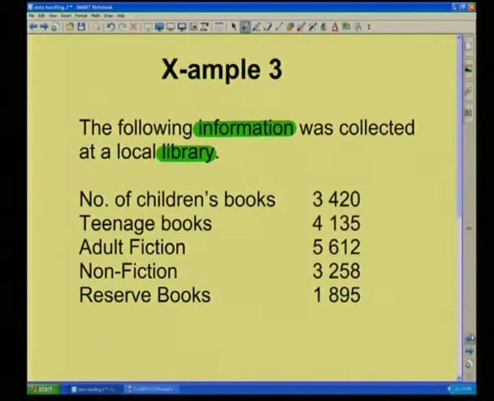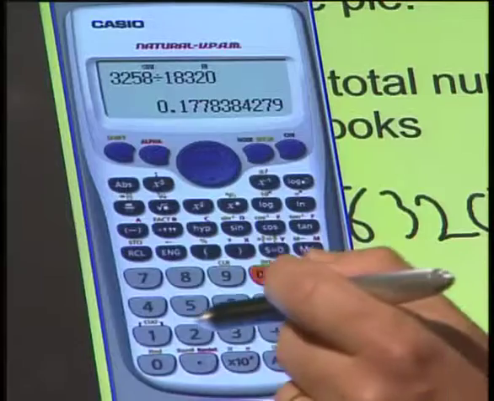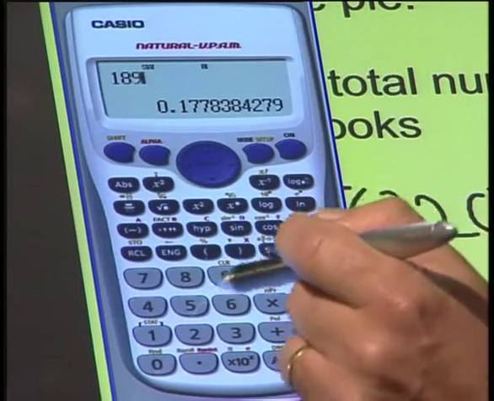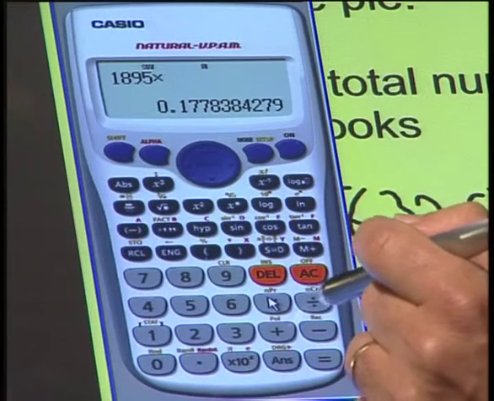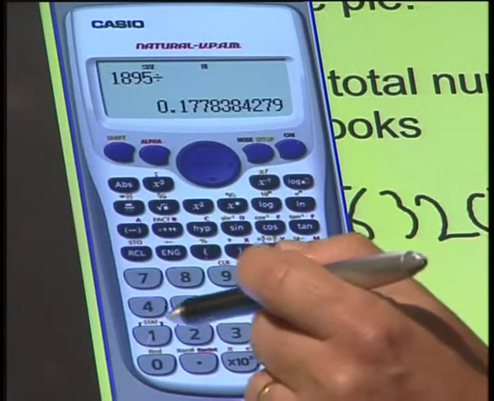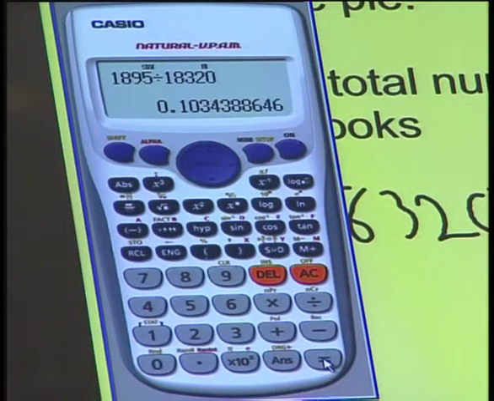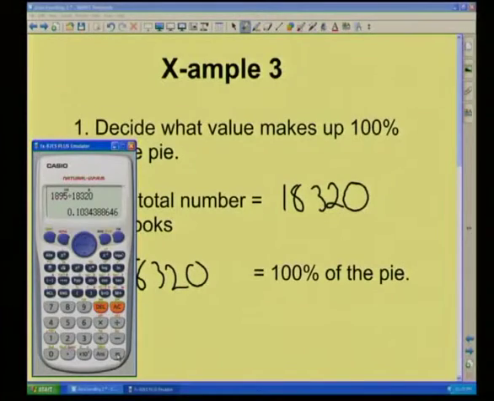And the final one, 1,895, divided by 18,320. And that's 10.3%.